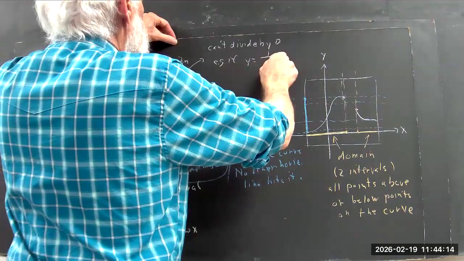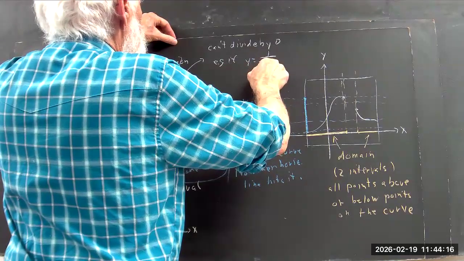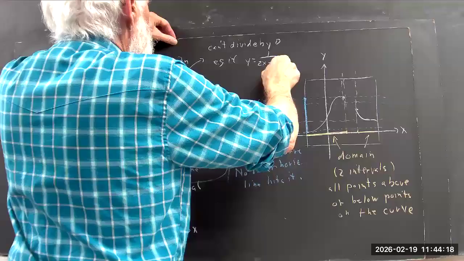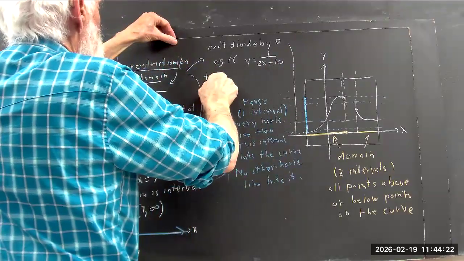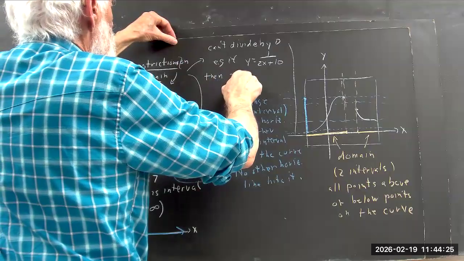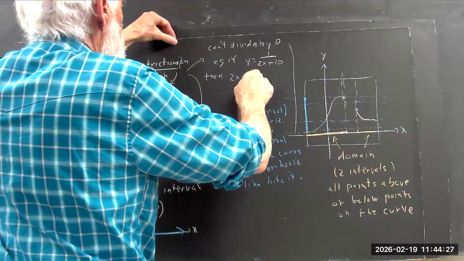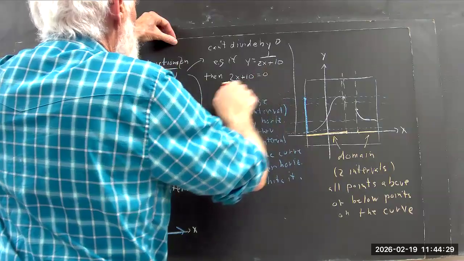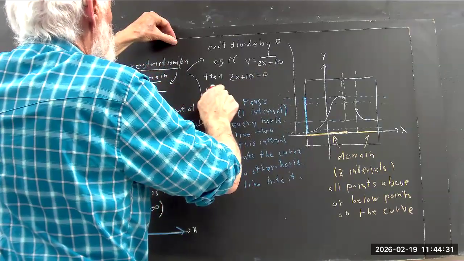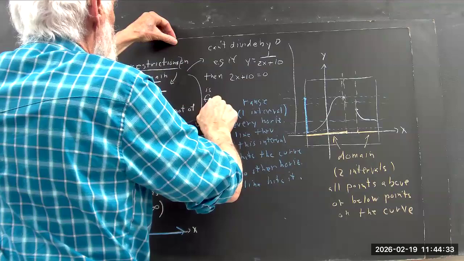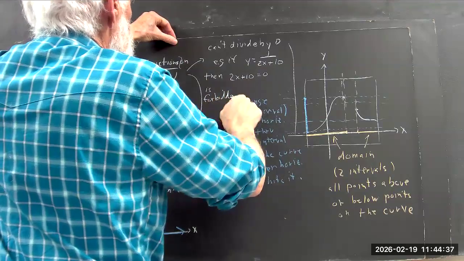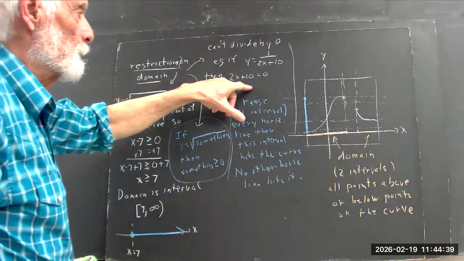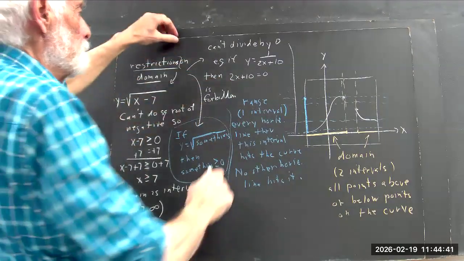So for example, if y equals 1 over 2x plus 10, then 2x plus 10 equals 0 is forbidden.